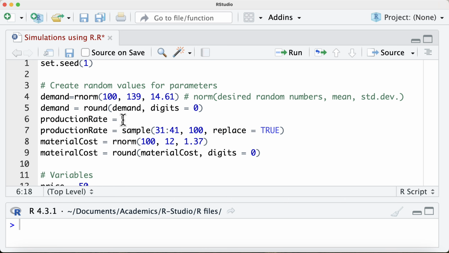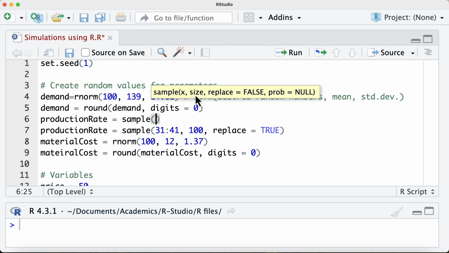R will provide a pop-up. It shows that the code will be x, which means our value, which in this case will be 31 to 41, size, how many random numbers I want to generate, and replace equals FALSE or TRUE.